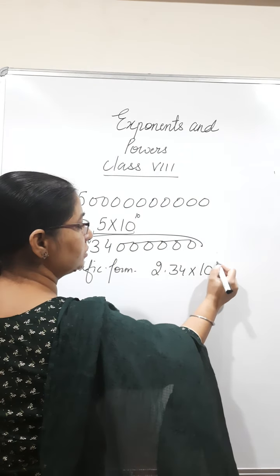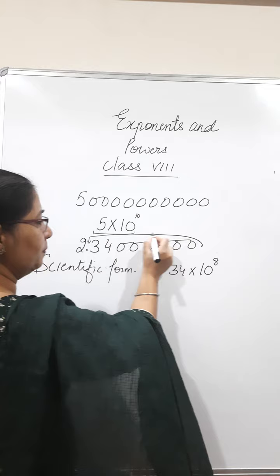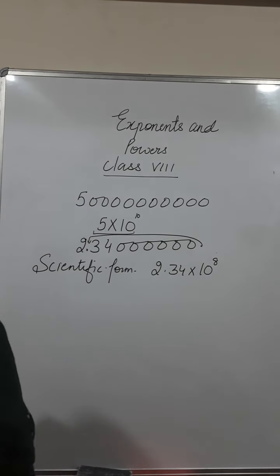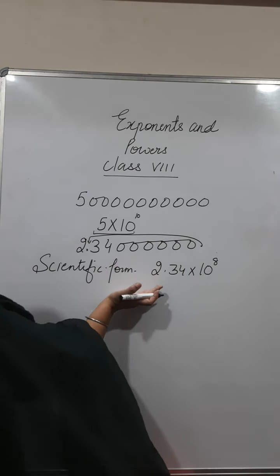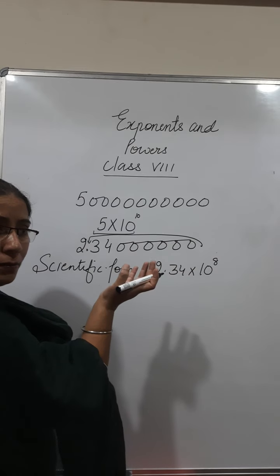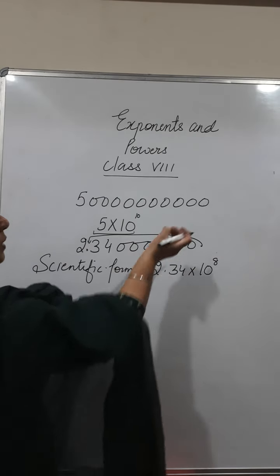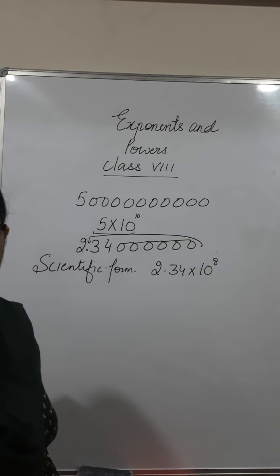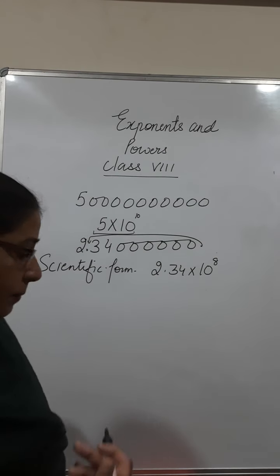Because you are shifting the decimal 8 places to the left, you write it as 2.34 into 10 raised to power 8. So beta, this is actually the reason why we study the exponential numbers. Such kind of numbers are called exponential numbers.